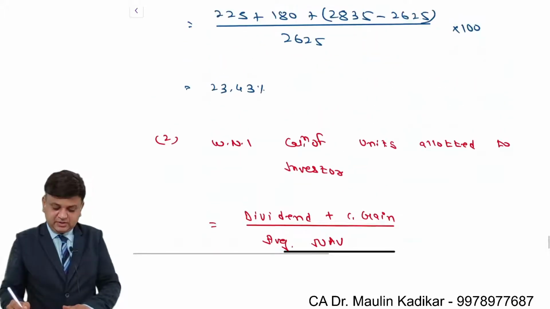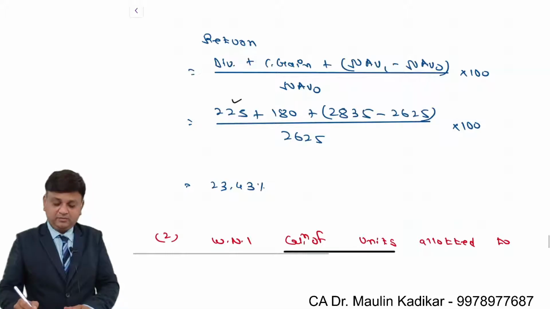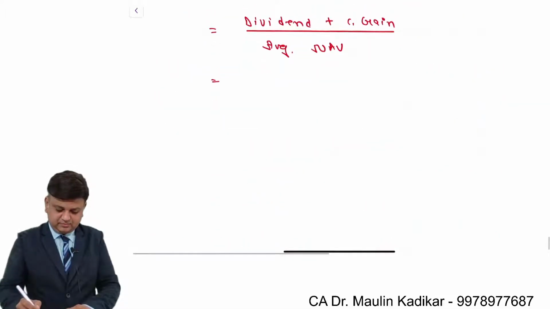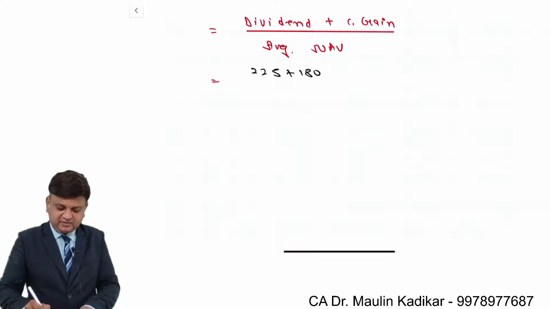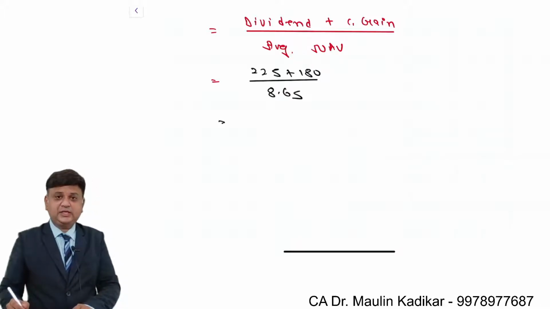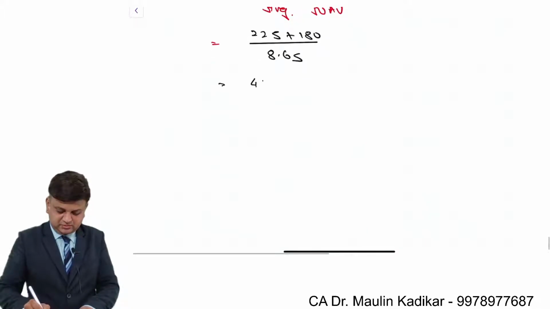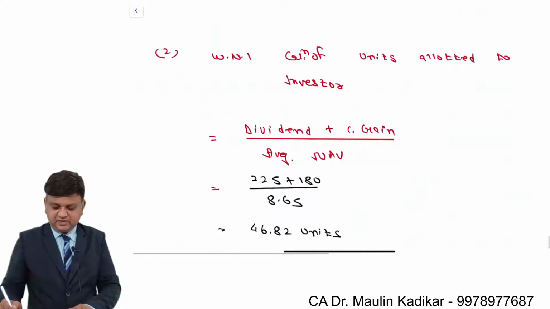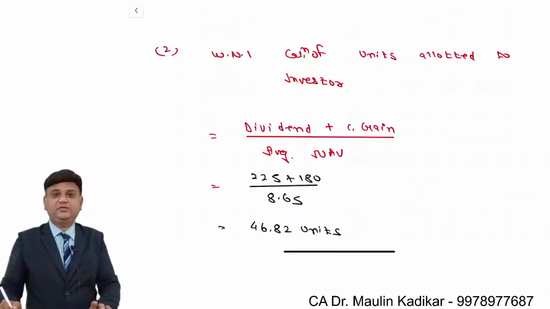So the amount of the dividend income is 225, capital gain is 180, divided by average NAV of 8 rupees 65 paise. So 225 plus 180, that is 405, upon 8.65, that comes to 46.82 units. This is the way, first of all, the number of units allotted to the investor is required to be found.